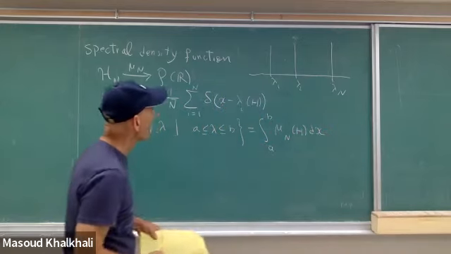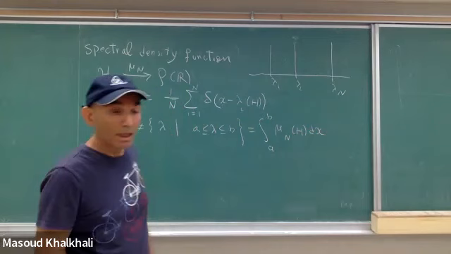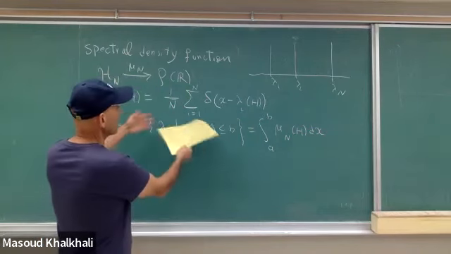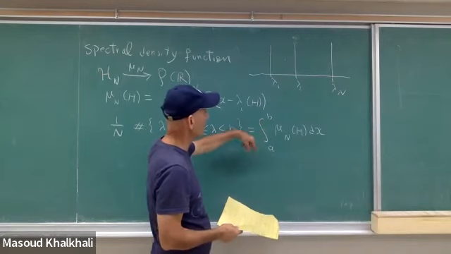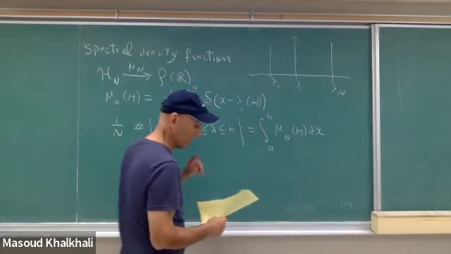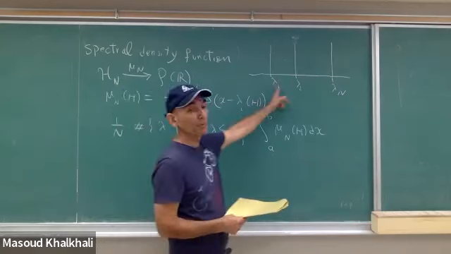So this measure tells you for each A and B how many eigenvalues are located between A and B with multiplicity. We are counting with multiplicity here.